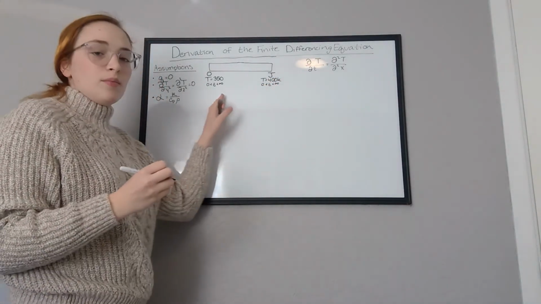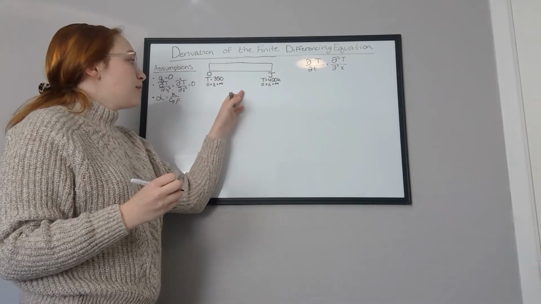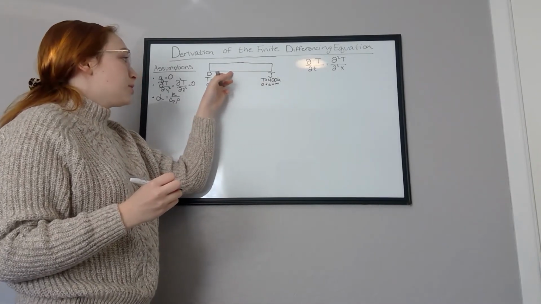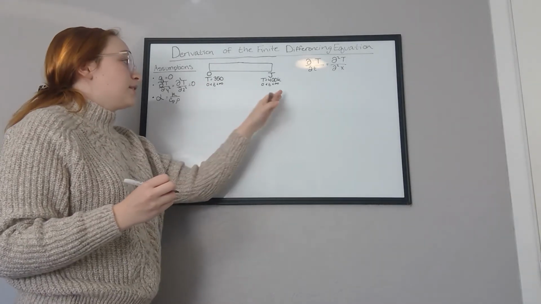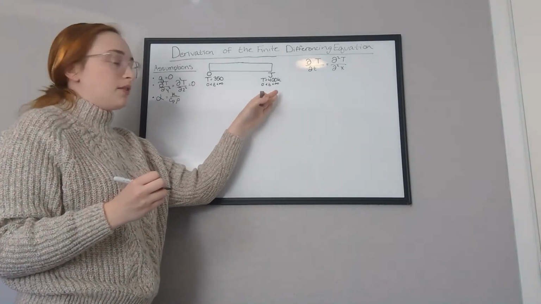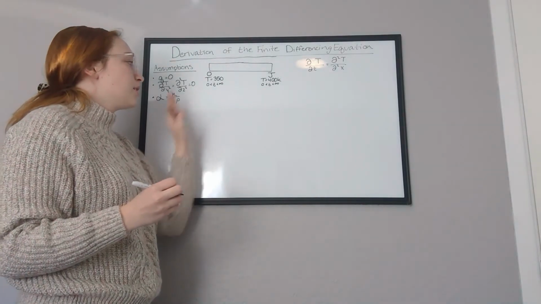So at any time we want to find the temperature or the change in temperature within the bar. This side is always 350 and this side is always 400, but obviously as the heat diffuses it will change.